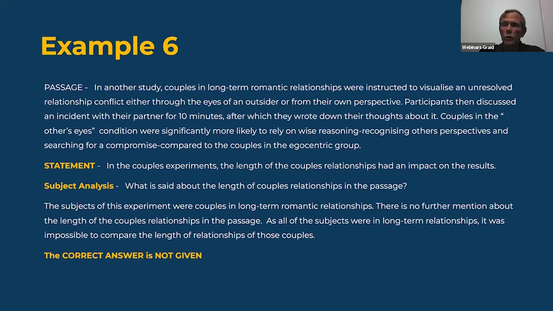There is no mention of how long those relationships were. There is no mention about the length of the couples' relationships in the passage. And as all of the subjects were in long-term relationships, it was impossible to compare the length of relationships of those couples. So in this case, the correct answer is not given.